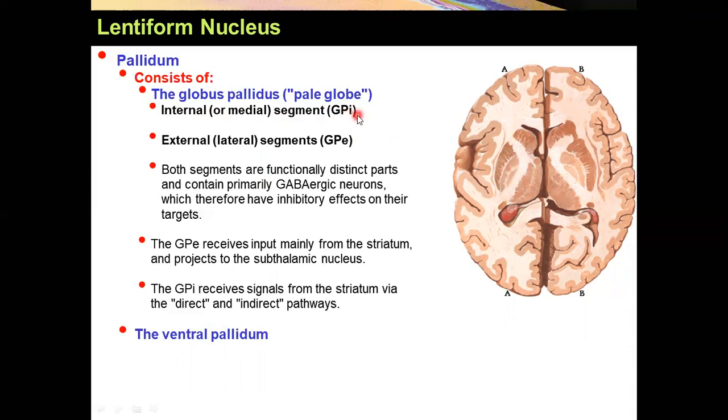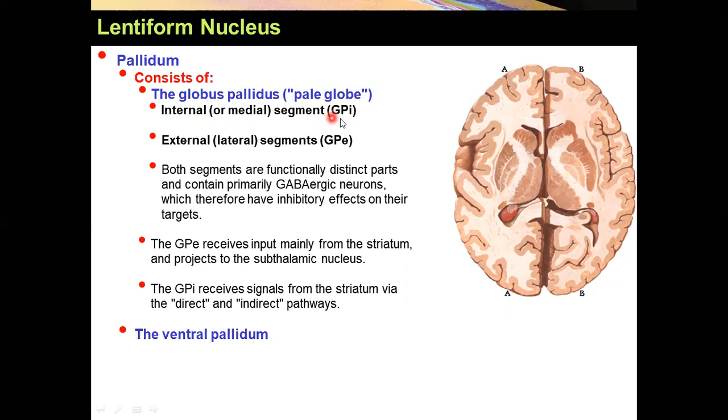Look at it, GPI means internal globus pallidus, internal globus pallidus. Now pay attention to this usage, because we're going to use this one later in our basal ganglia slides.